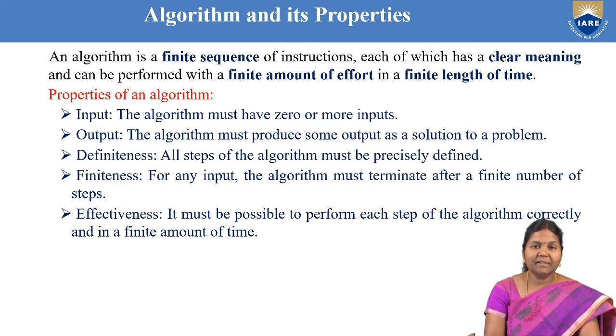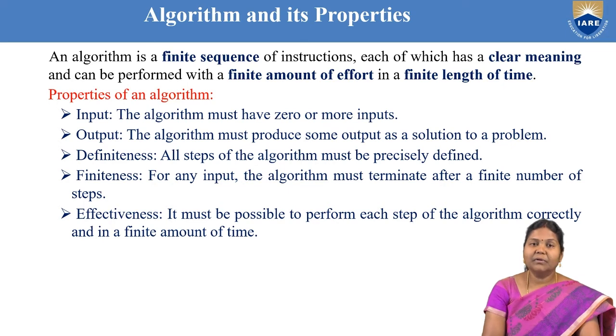Then effectiveness says that whenever you execute an algorithm, each step must be correctly written and should take a finite amount of time. You should not write complex or tricky statements in an algorithm, which would take additional steps to understand each step. This is the effectiveness property of an algorithm.